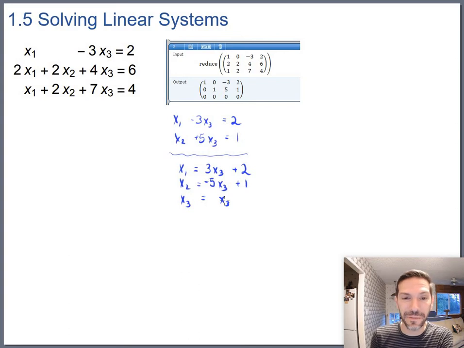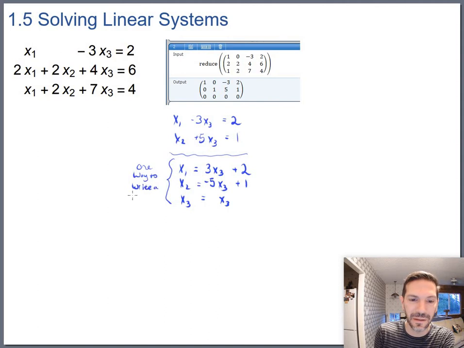This is a perfectly fine way to write the solution. It's not the only way, so we are now going to look at a second way to write the solution. So this is one way to write the solutions, because there are infinitely many solutions here. But let's get another way.